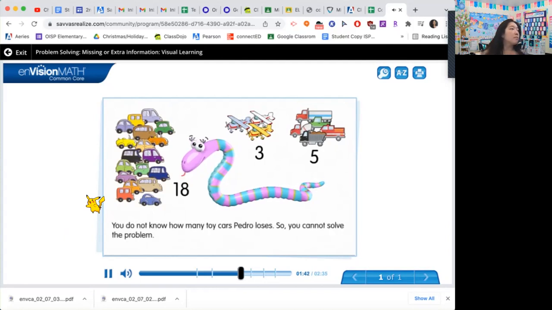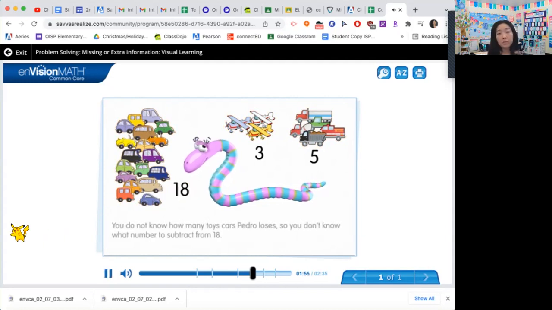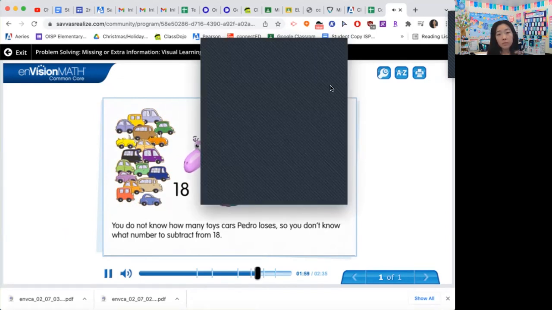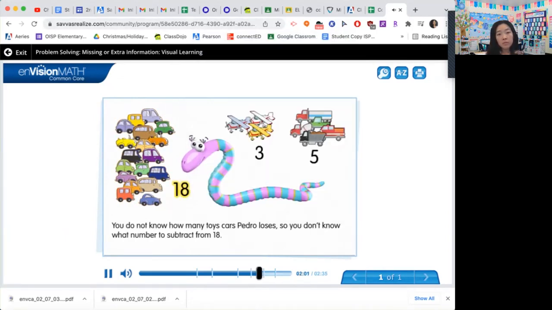You do not know how many toy cars Pedro loses, so you cannot solve the problem. Why can't you solve the problem without this information? You do not know how many toy cars Pedro loses, so you don't know what number to subtract from 18. Is there any extra information?